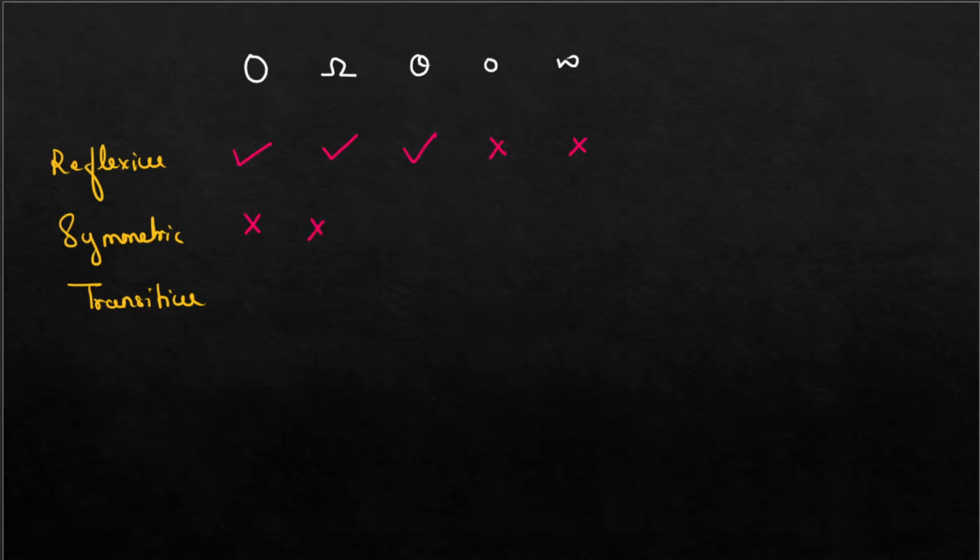Symmetric is none, only theta is there. Transitive, all are transitive, so the tick will go to all. So this is the table which you should remember.